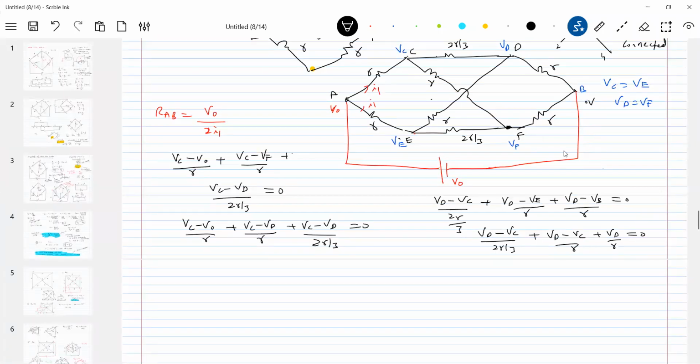Now look at this. What is I1? After getting VD and VC, solving equations 1 and 2.